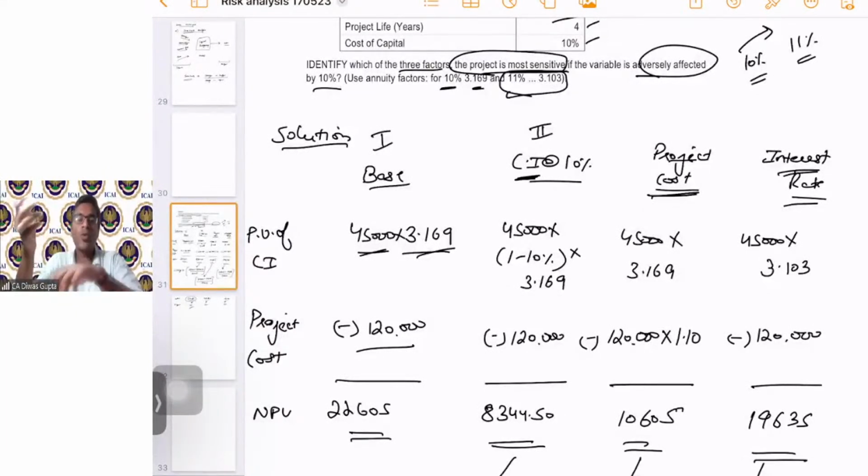You're getting my point? So they will try to answer these questions, and hence the benefit of analyzing sensitivity is far beyond this calculation.